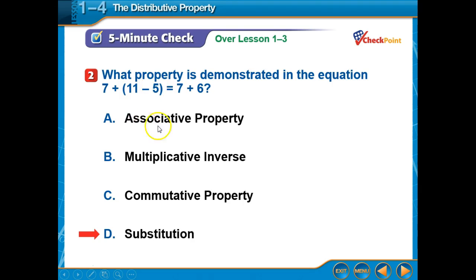It is not the associative property because we have not just rearranged the parentheses. It is not the multiplicative inverse nor the commutative property. Remember that the commutative property just changes the order of numbers in addition, and multiplicative inverse is like 2 times 1/2 equals 1. Let's go on to number 3.